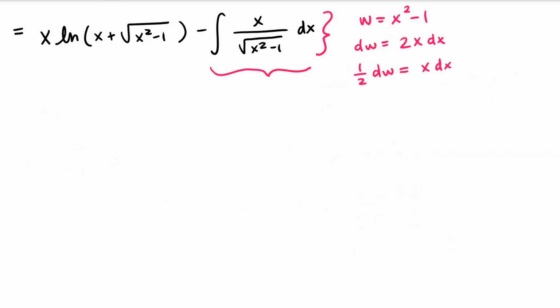All right, so now let's take this and we're going to have 1/2 times the integral. X times dx is getting replaced with dw times 1/2, and I factored out the 1/2 outside of my integral. So I'm going to have 1 over the square root of w, dw. Now I'm going to rewrite this as w to the negative 1/2 power.